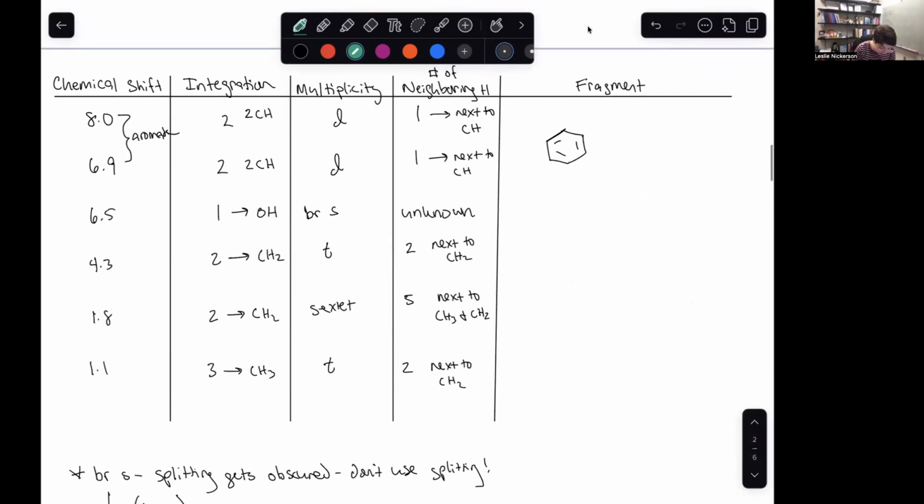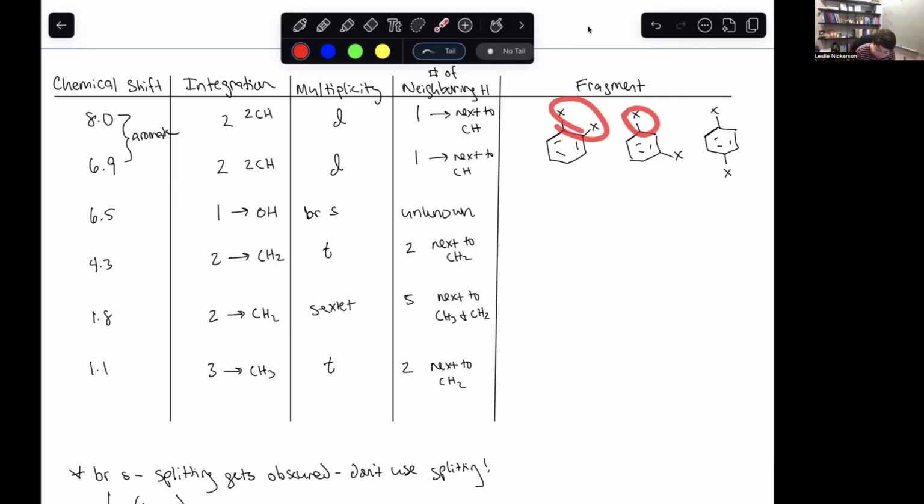So if I know that it's disubstituted, I have only a few options here. Okay, I could have the two things on my benzene ring being identical is one option.